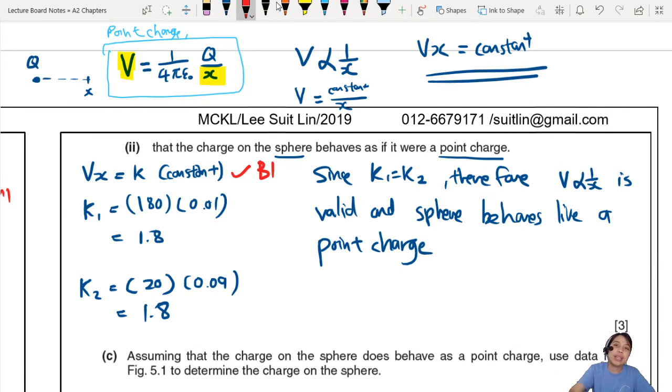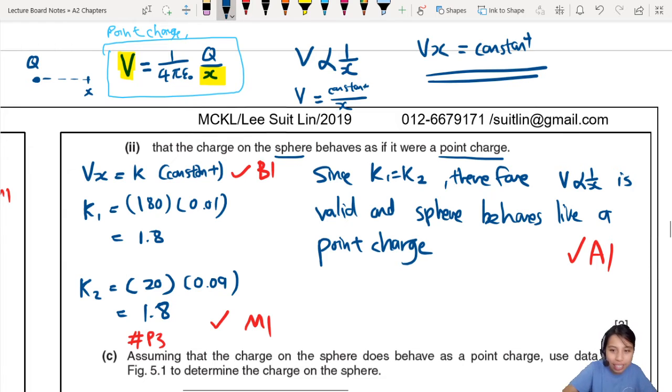Everywhere on the graph, V times X should be the same value. And also, you did 2 values of K, your method, like AS paper 3. Then you said some kind of conclusion that makes sense and our examiner can understand, can get A1 mark already. Okay, so therefore K1, K2, therefore behave like point charge, because the point charge relationship is V proportional to 1 over X. Okay, pretty cool, interesting twist of a question here.